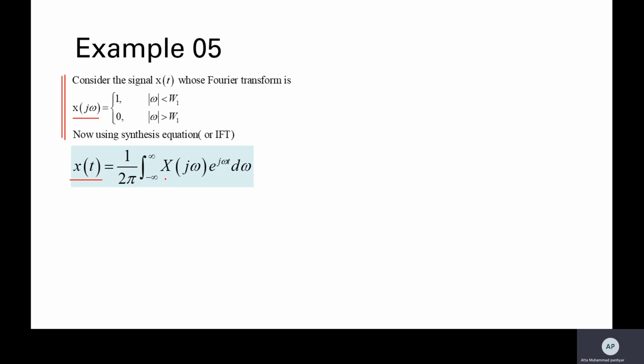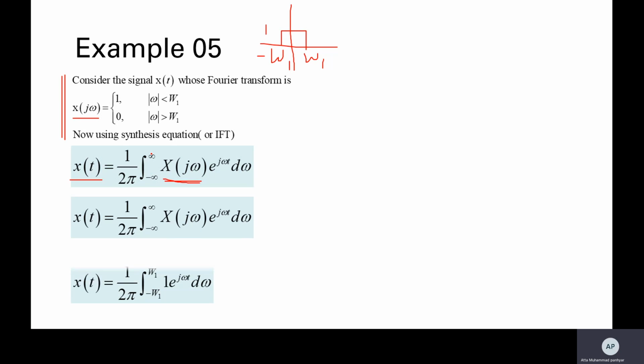So we are given X of j omega this time, and it is 1 between minus omega 1 and omega 1. So this signal would be reduced to 1 from minus w1 to w1, like this one.